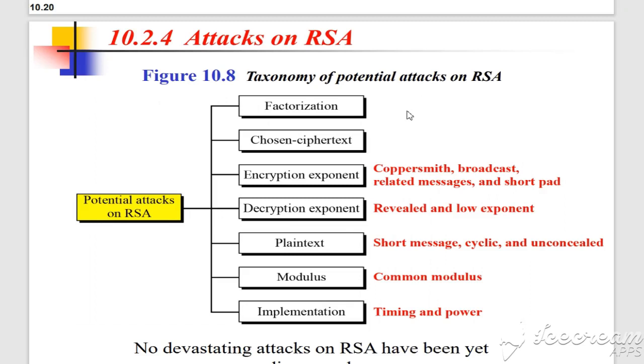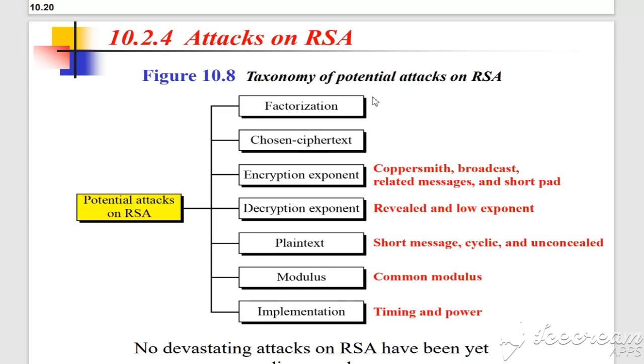Now let us see the attacks on RSA. There is no such attack that has been found that can destroy the RSA crypto system. But several attacks have been predicted based on weak plain text, weak parameter selection, or inappropriate implementation.